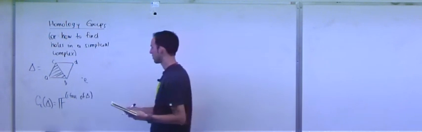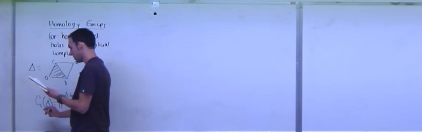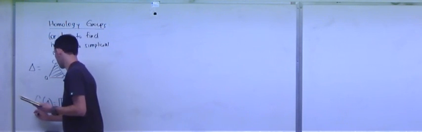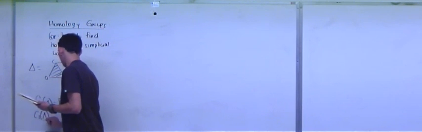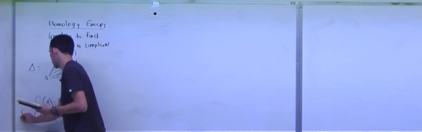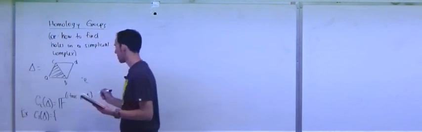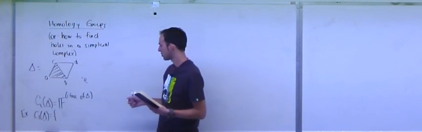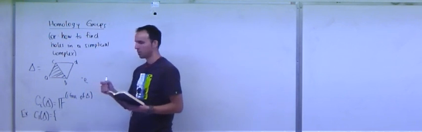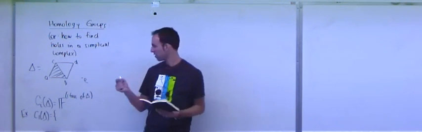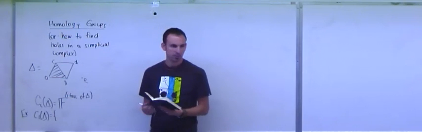Just to give you an example, C_1 of delta is the vector space whose basis is given by basis elements labeled by one-faces.